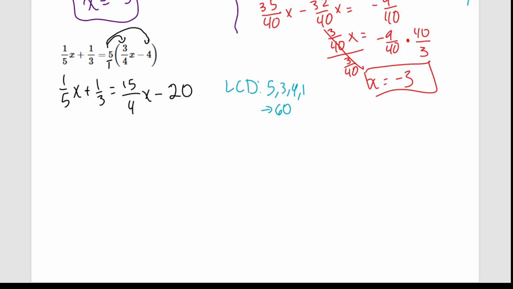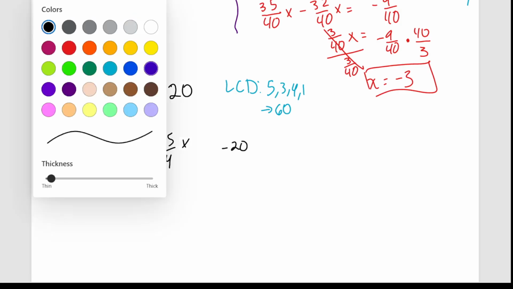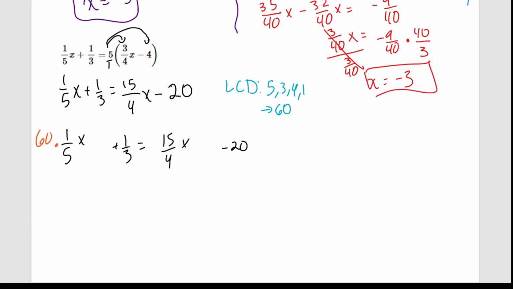So go ahead and pause your video and try this, and then we'll go over it together. So for this, if I'm going to do the method where I just clear the fractions, which I think might be a good method to approach this, let me just rewrite these with a little bit of room. What I want to do is then multiply each of these by that least common denominator.